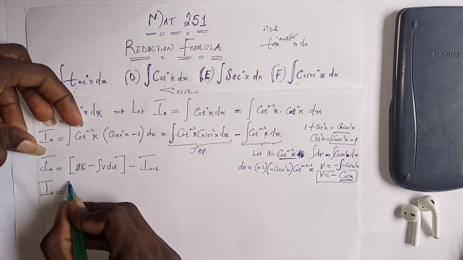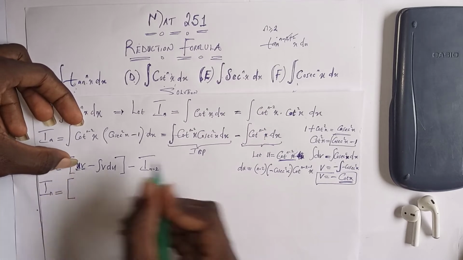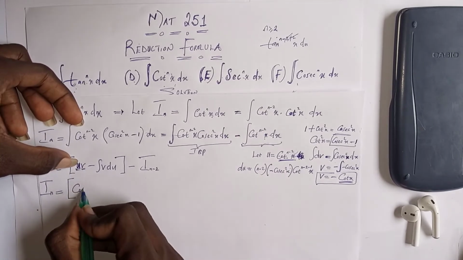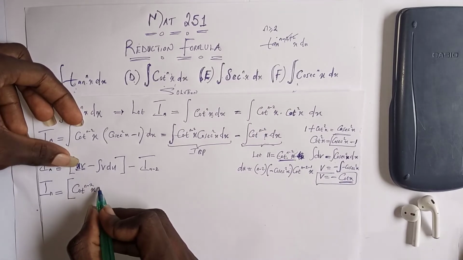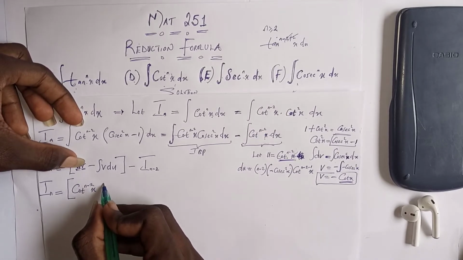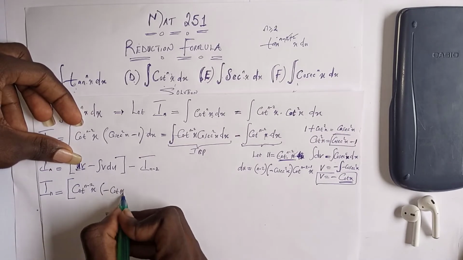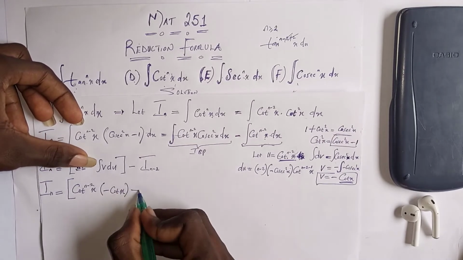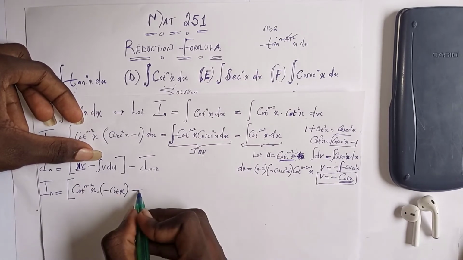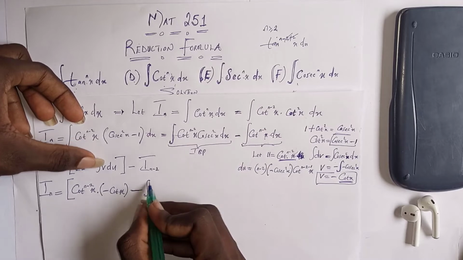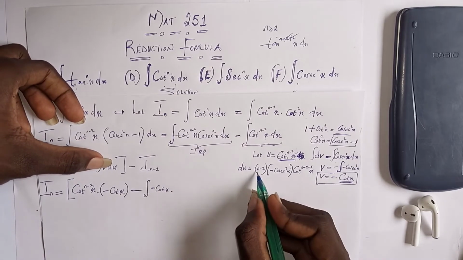I_n equals this u we have here. U is cot of n minus 2 of x, times v. V is minus cot x. Next thing is minus, take note, this minus is separate, the integral of v, which is minus cot x, multiplied by du.